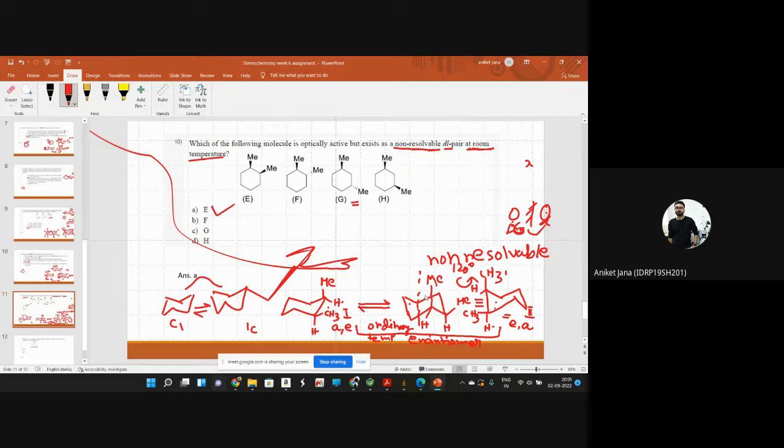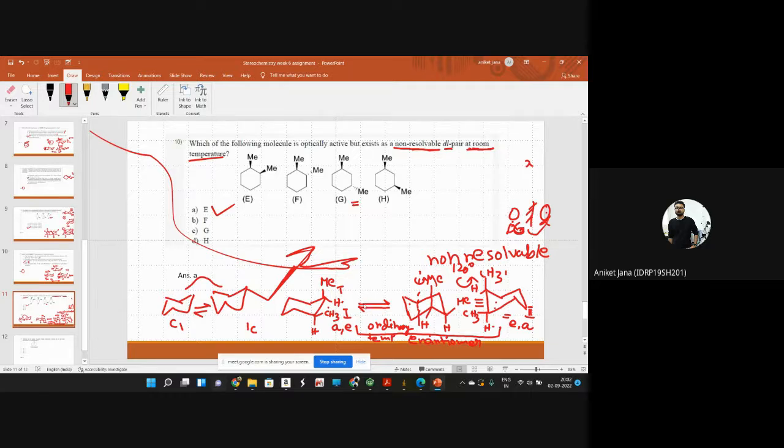Yes, sir. Just remember that by flip-flopping we are getting this structure, and rotation alone is also allowed. By rotation we are not supposed to get another structural conformation. So just by giving a rotation we are getting structure 2, and structure 1 from where we started and structure 2 are mirror images of each other.